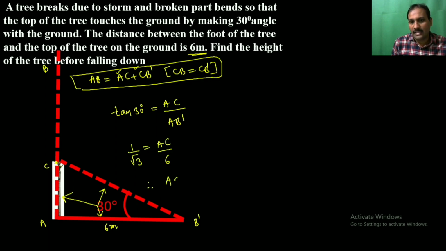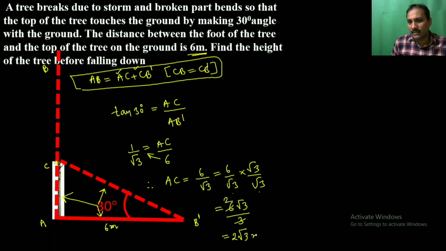Therefore, AC is equal to, if you send 6 to the other side, 6 by root 3. And it can be written as 6 by root 3 into root 3 by root 3, rationalizing. That is nothing but 6 root 3 by root 3 into root 3. That is 3, 3 twos are 6. That is 2 root 3 meters. So this is AC.